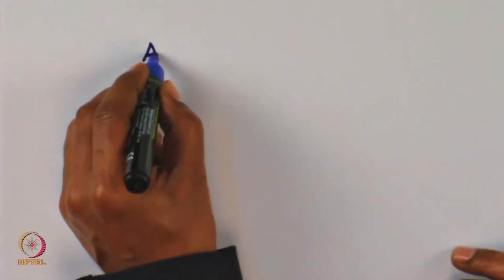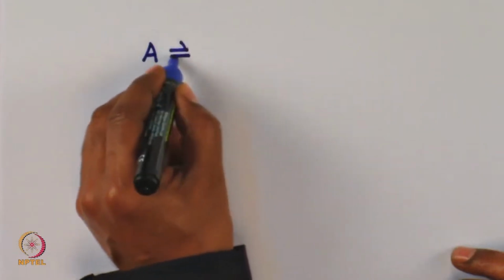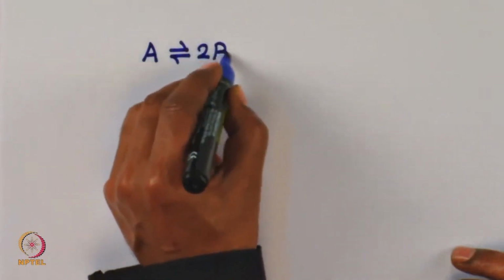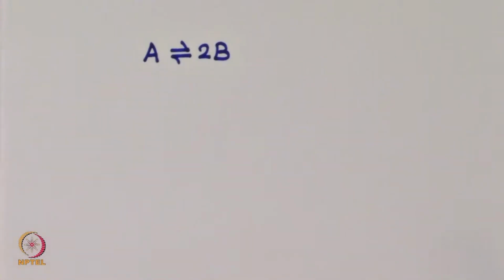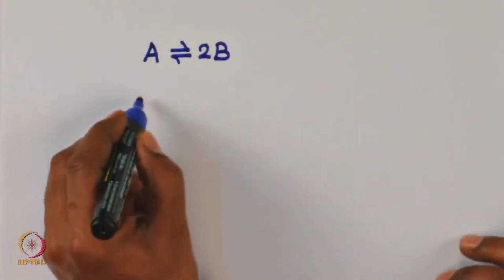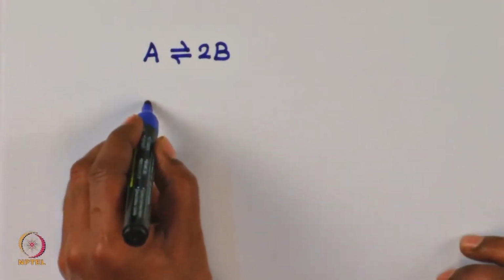We will take an example of A in equilibrium with 2B. These are gas phase. We are talking about gas phase only. It is a dissociation kind of reaction. Then how do I write K?